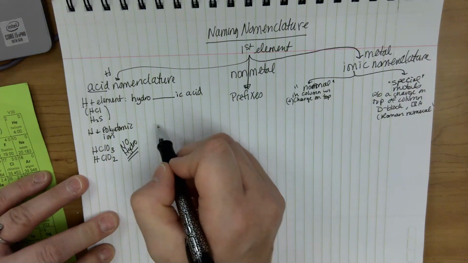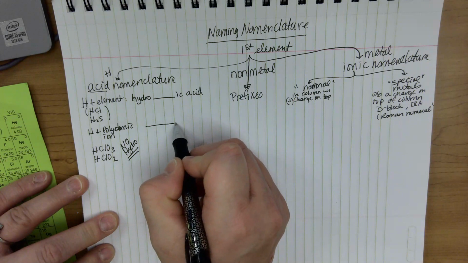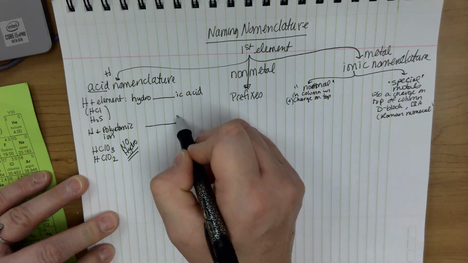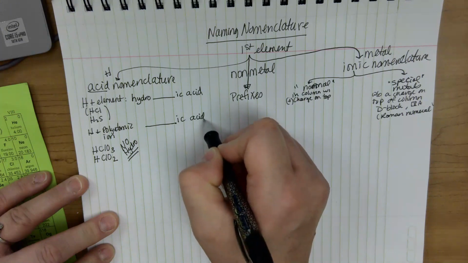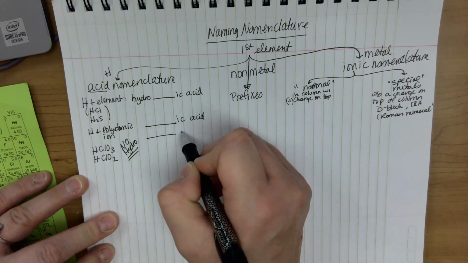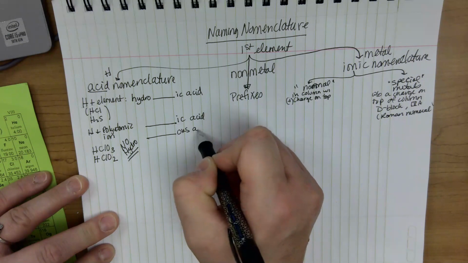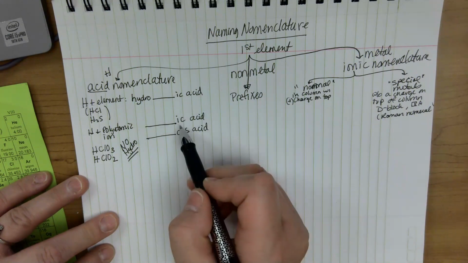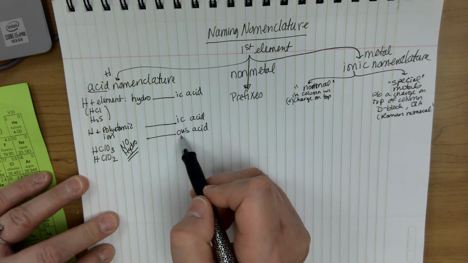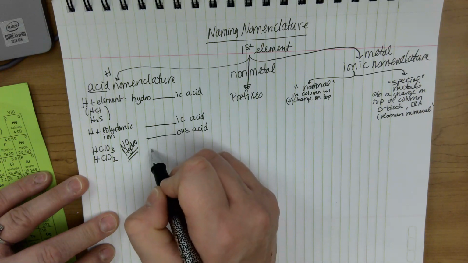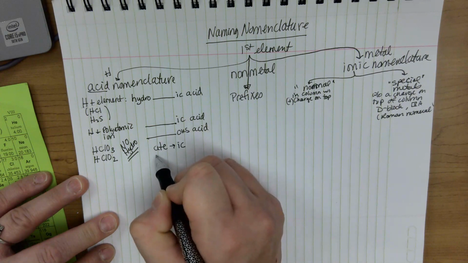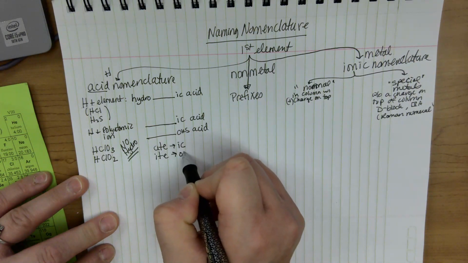You just write the polyatomic ion, and then it is either ic acid, or it's the polyatomic ion and it's aus acid. So no hydro. So how do you know if it's ic or if it's aus? If it's a polyatomic ion that ends with ate, it becomes ic. And if it ends with ite, it becomes aus.